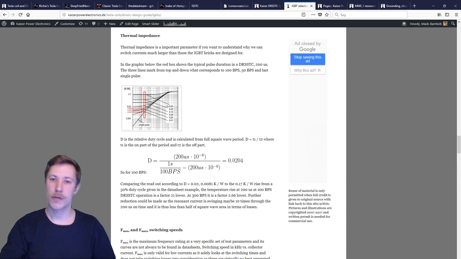So this is a great help already there. Then we count with a factor of 4 less for a resonant switching inverter, or is it 10 times lower? It depends a bit on your BPS and on time, and so how much your duty cycle really is. Okay, let's see.